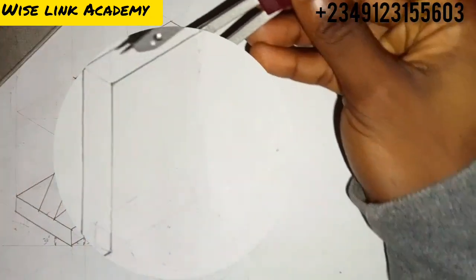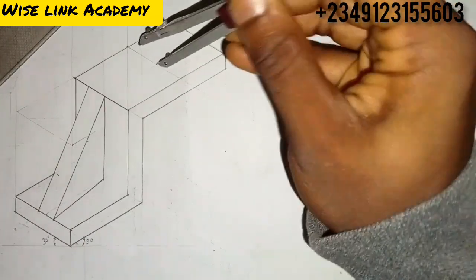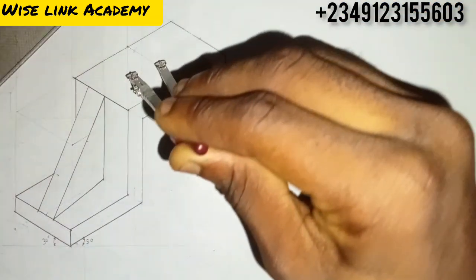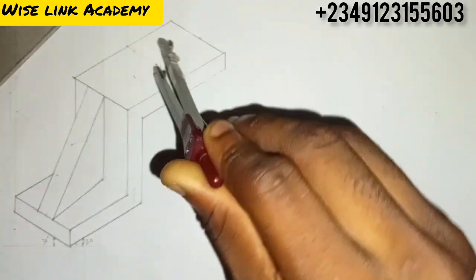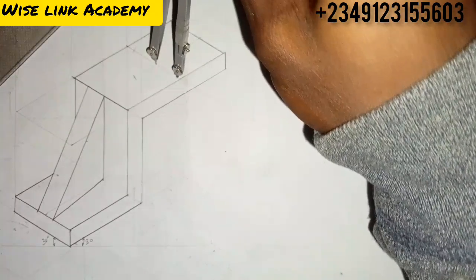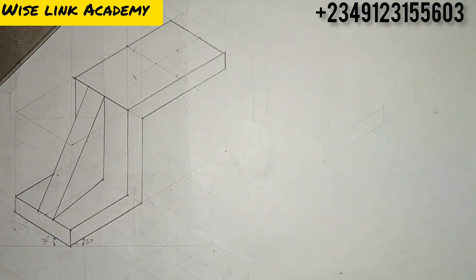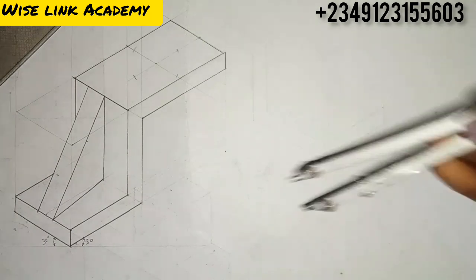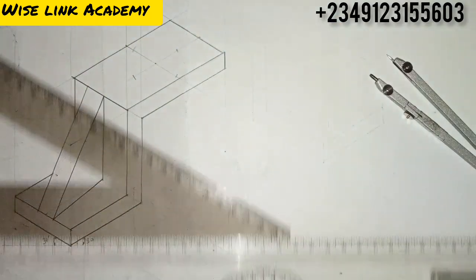So first at this point here, strike an arc up, to the left hand side too, and down. We'll be having this. Similarly, I can just take my set square this way.